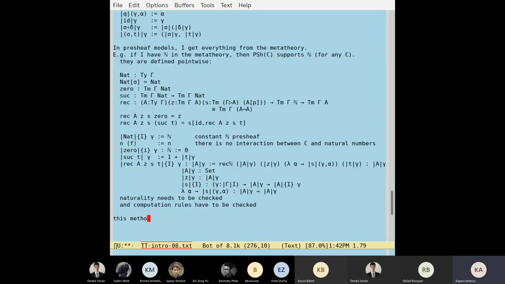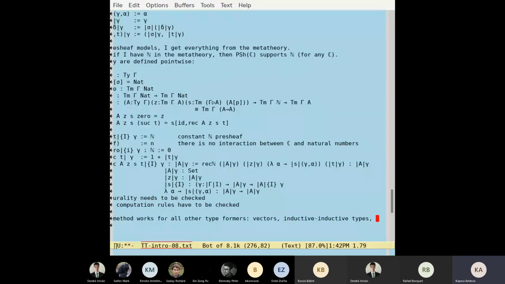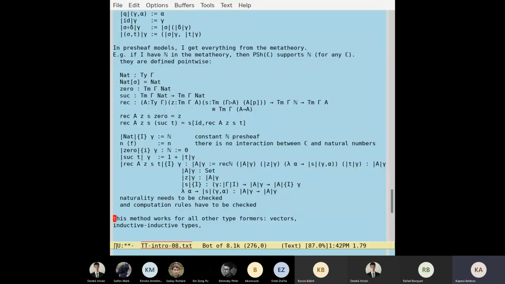Okay, so this method works for all other type formers. So I don't know, vectors, it works for inductive types. It even works for, I don't know, did we talk about it? It even works for quotient types.